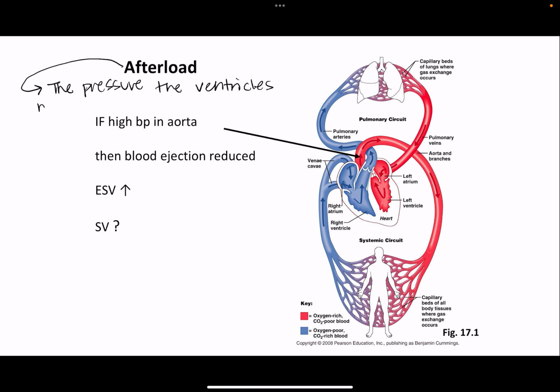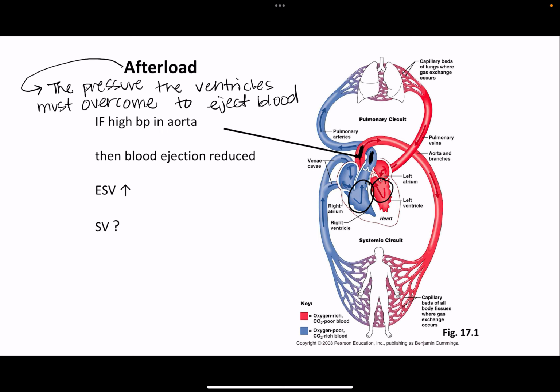Because remember we said that in order for the semilunar valves to open, the pressure in the ventricles has to be greater than the pressure in the aorta and the pulmonary trunk. So the ventricles have to have a greater pressure than the vessel in front of it in order for those valves to open and for us to be able to eject blood.